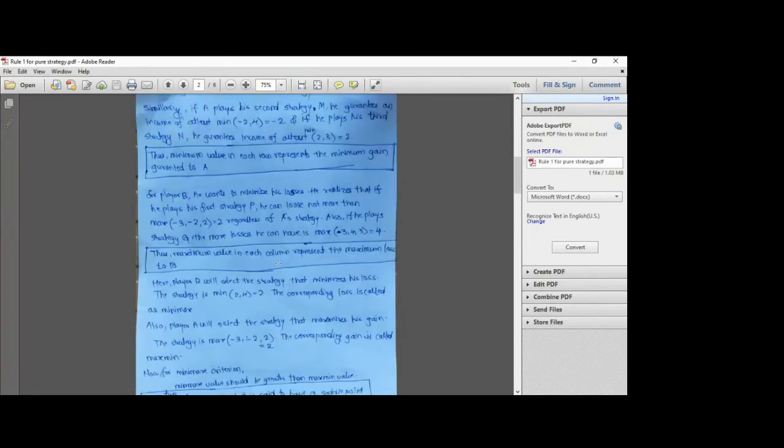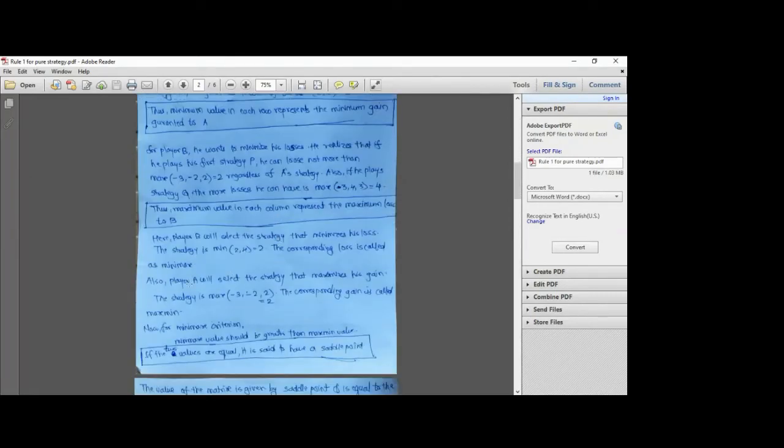So now what next we are going to do is, what is this? These are the gains and this is the loss, right? So when we are finding out the maximum value, it will always be positive for player B, and that will be the loss, because for player B, if the value is positive, he has to give that value.